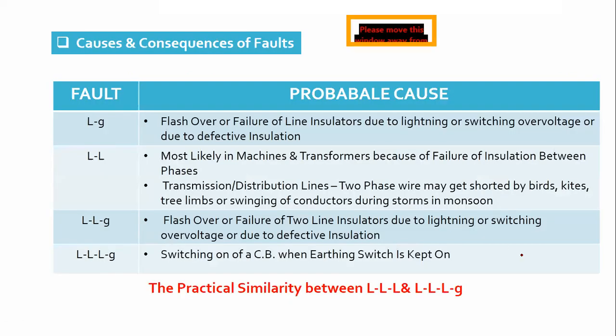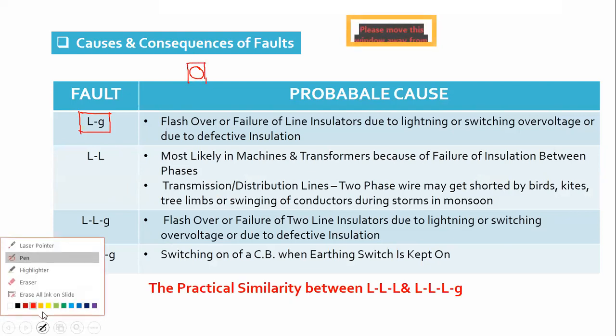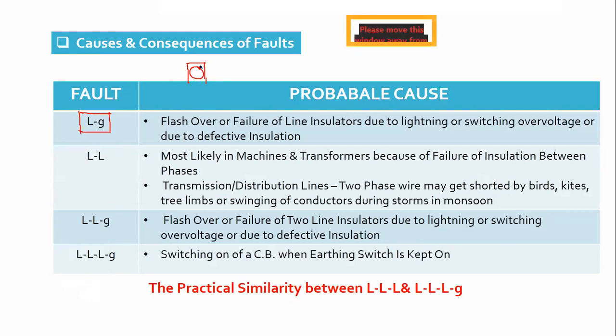Now, a very important point to understand is why faults occur. The reasons for different faults are different. Single line to ground fault mainly occurs in machines, from the failure of insulation between conductor and core. Let's say here we have a conductor placed in a slot, with insulation around the conductor.